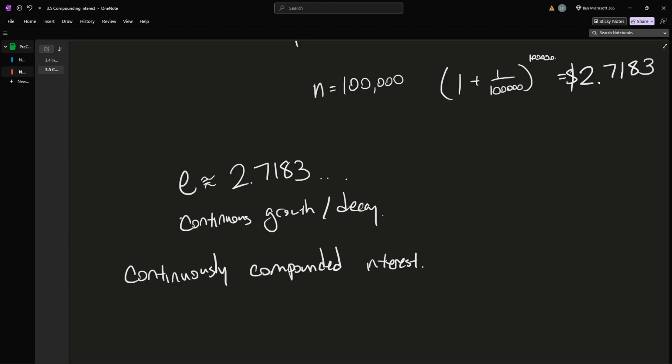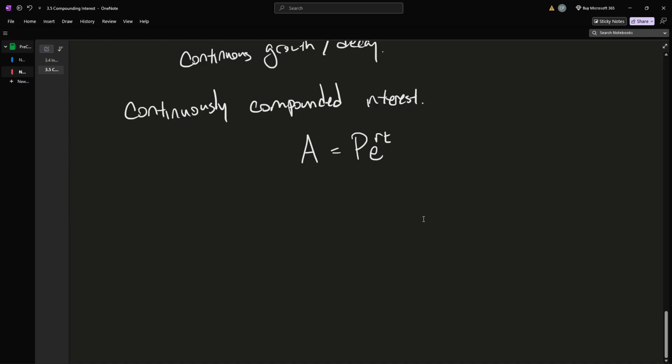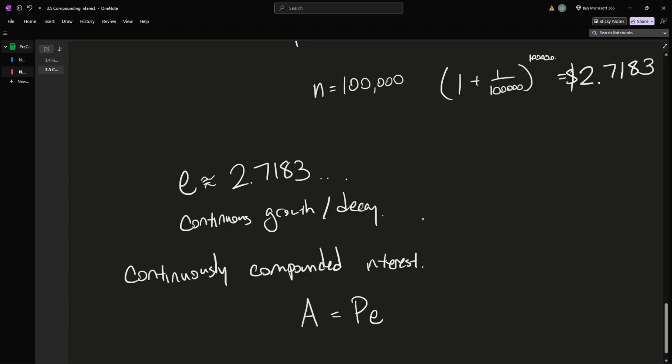So my initial value. And this is given to us by A equals P E R T. Really kind of weird, but we have P times E to the RT power.